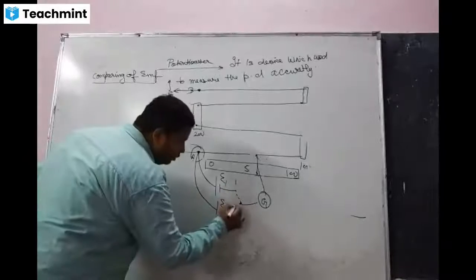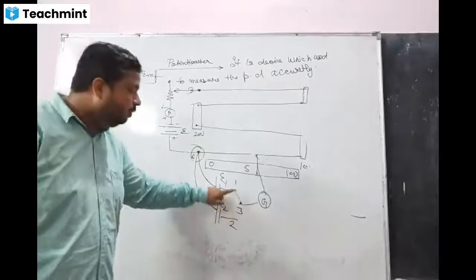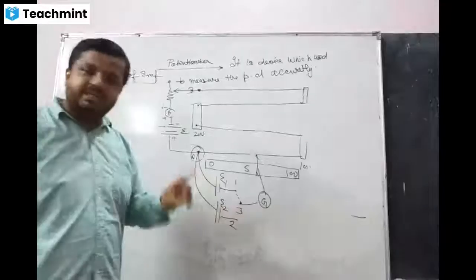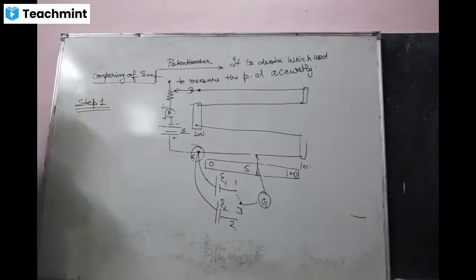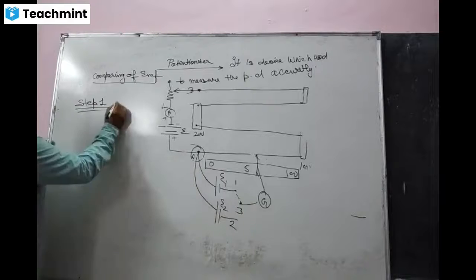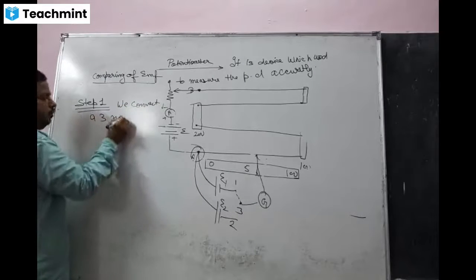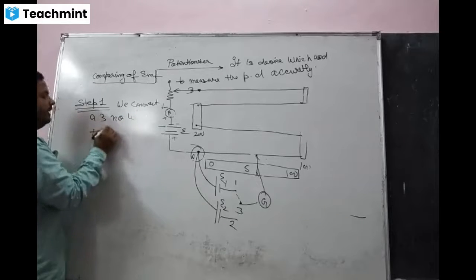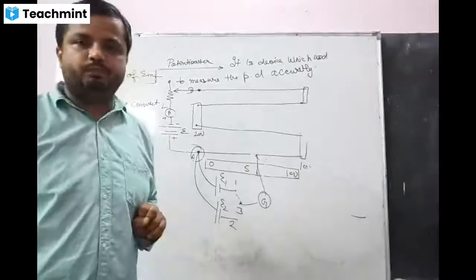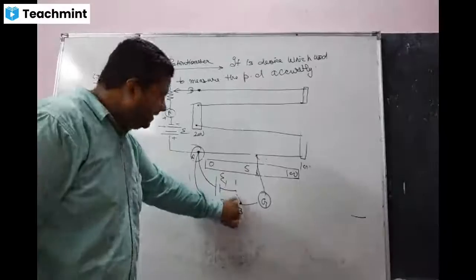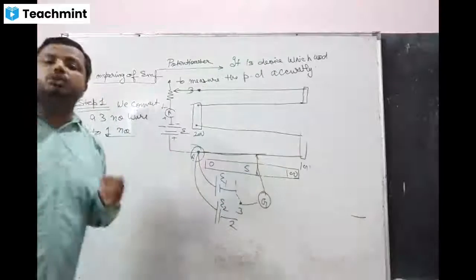First, terminals 1, 2, and 3. In step 1, we connect terminal 3 to 1. Then we find the galvanometer shows zero deflection.